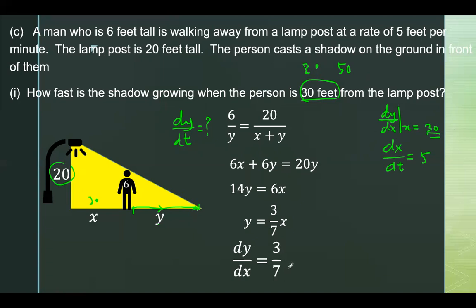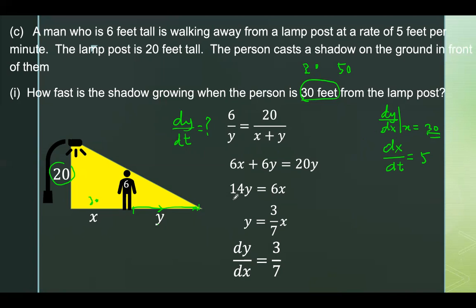This constant depends on the height of the lamppost and the height of the human. So no matter where you stand, the shadow grows at a constant rate, not affected by how far you stand from the lamppost.